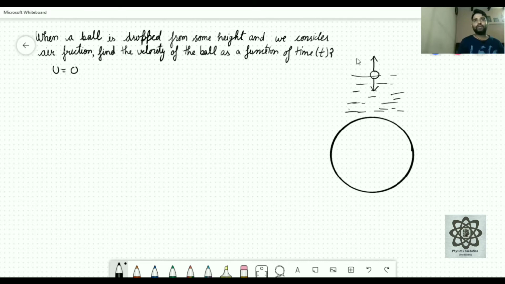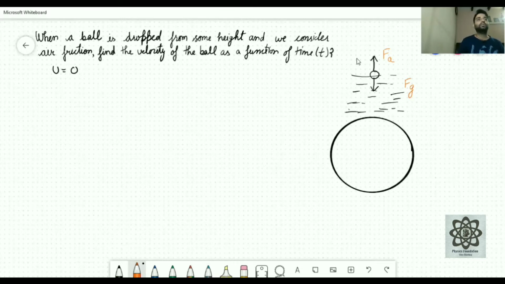Now what are these forces? If we say that the gravity will attract the ball towards itself, the earth will attract the ball towards itself, and there is the second force, that is air friction. This air friction is stopping the ball from going in the downward direction, right?